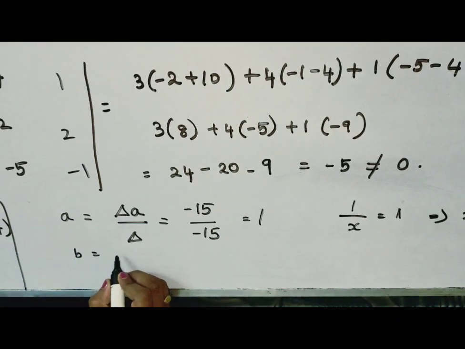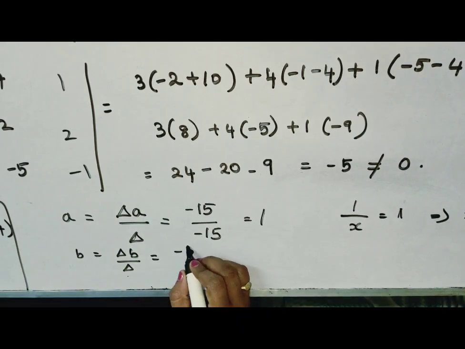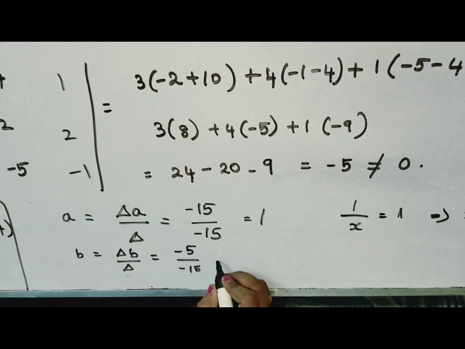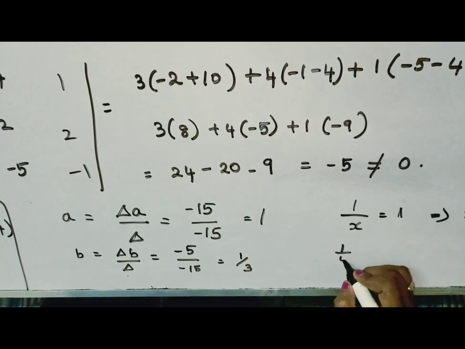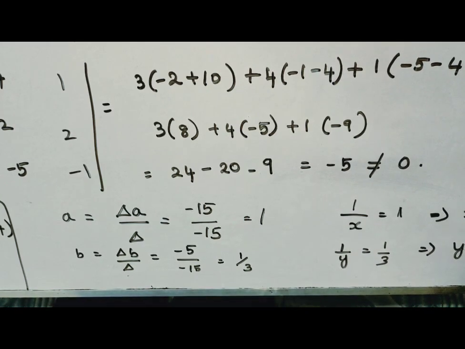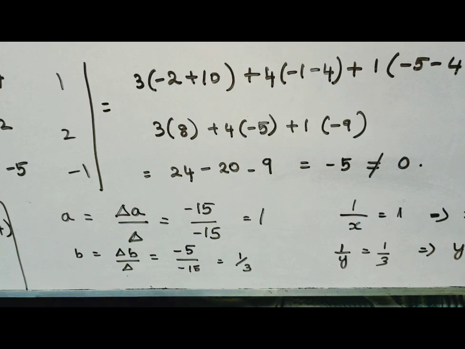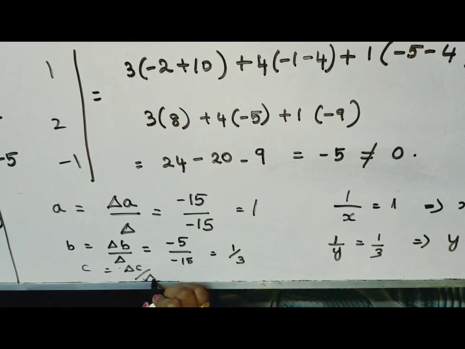Next, the value of b is delta B by delta. The value of delta B is minus 5. The value of delta is minus 15, which is nothing but 1 by 3. 1 by y we have considered as b, which is nothing but 1 by 3. If I reciprocate, I will get the value of y as 3. Similarly, the value of c equals delta C by delta.